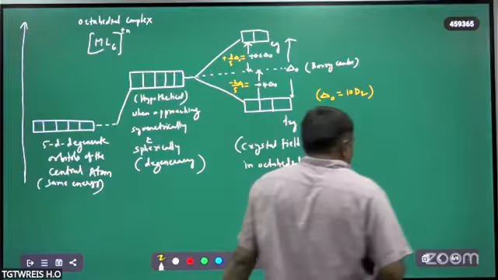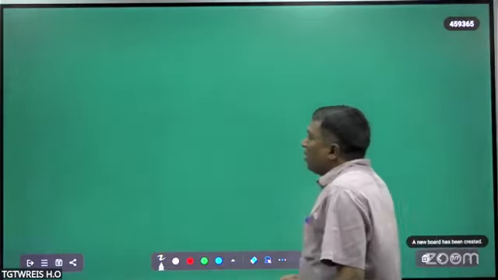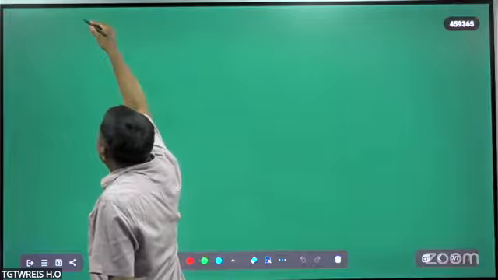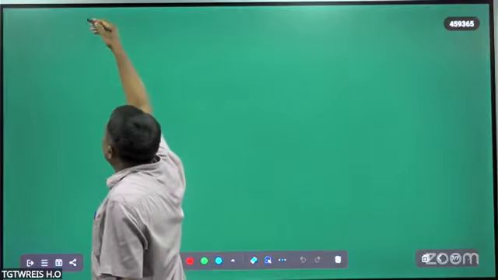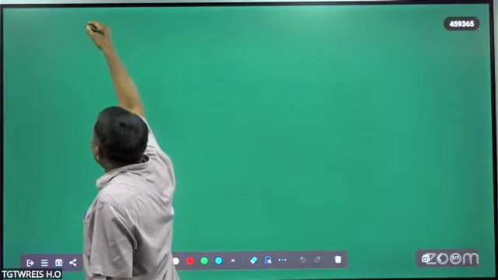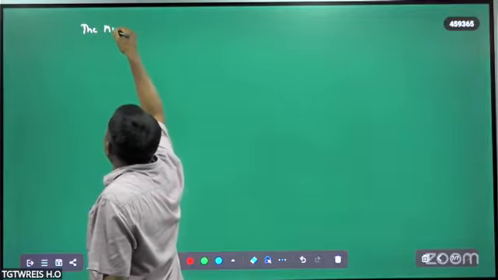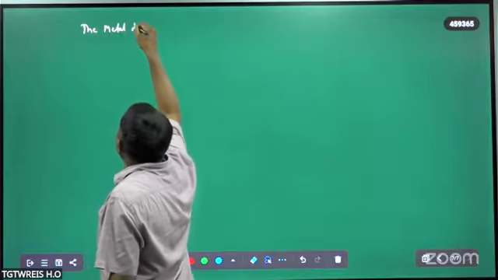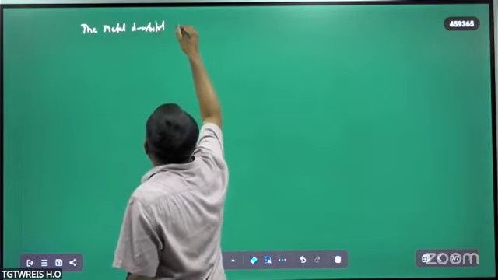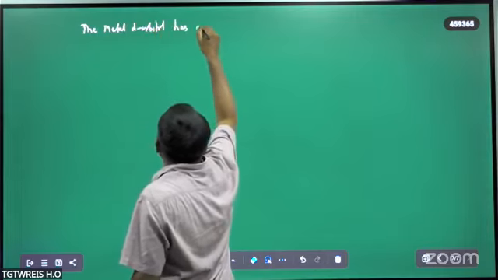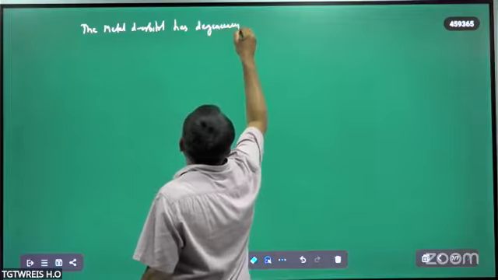So what will happen here? What is meant by crystal field splitting? Again, I will explain. The metal d orbitals have degeneracy. Degeneracy means all the d orbitals have the same energy.